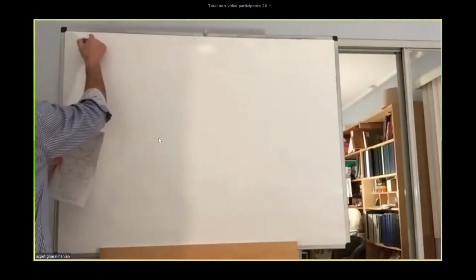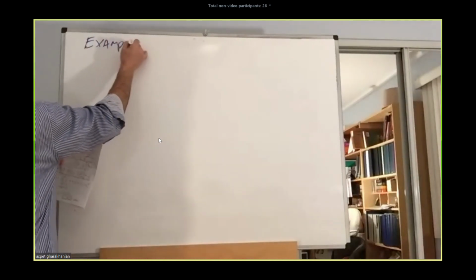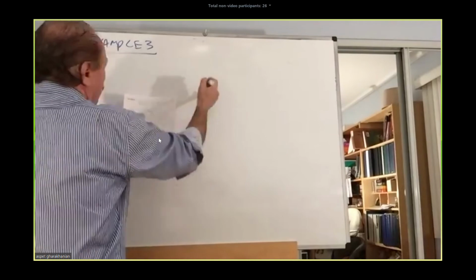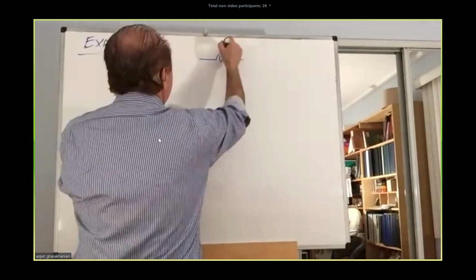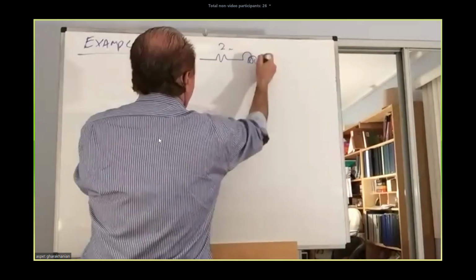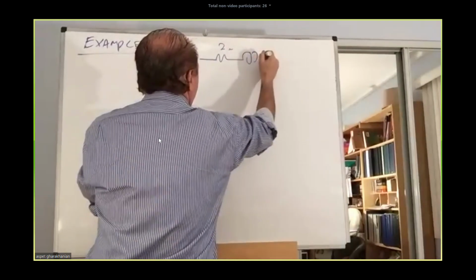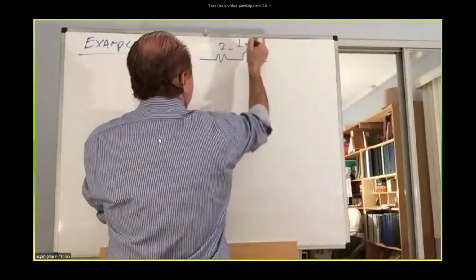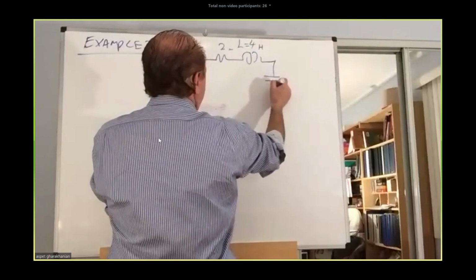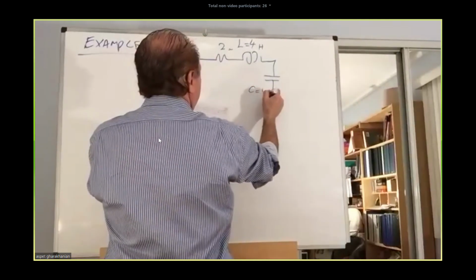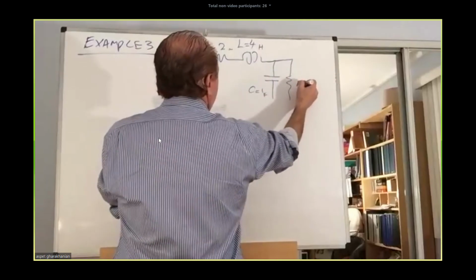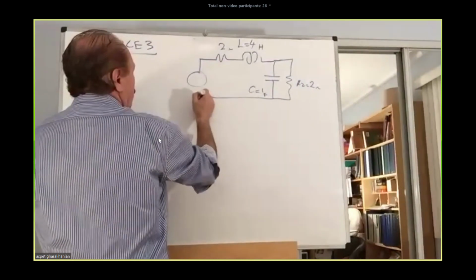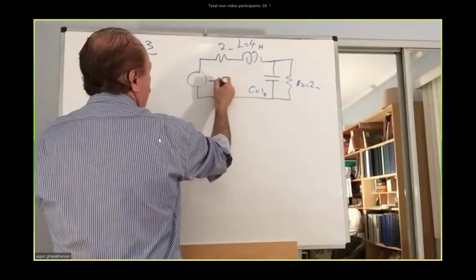Okay. Example 3. So we have a 2 ohm resistor, an inductance equal to 4 Henry, a capacitor there, C equal to 1 farad, and a resistor there, R2 equal to 2 ohm, and it is subjected to a ramp input coming like this, increasing.